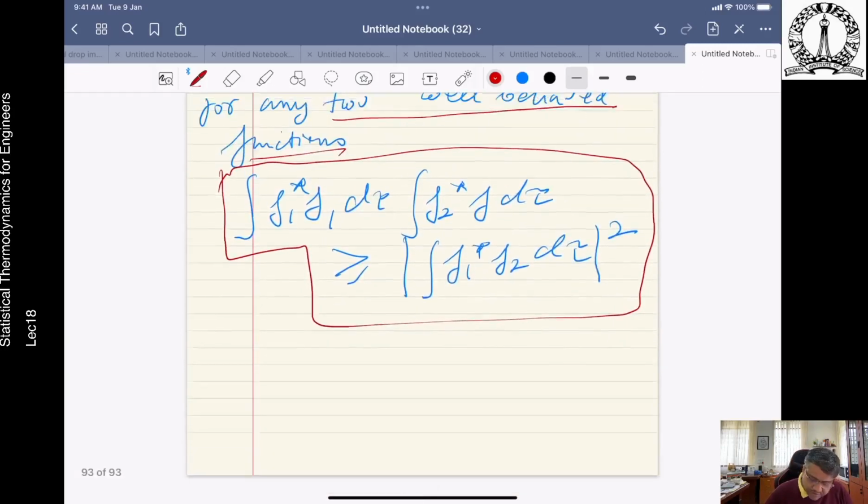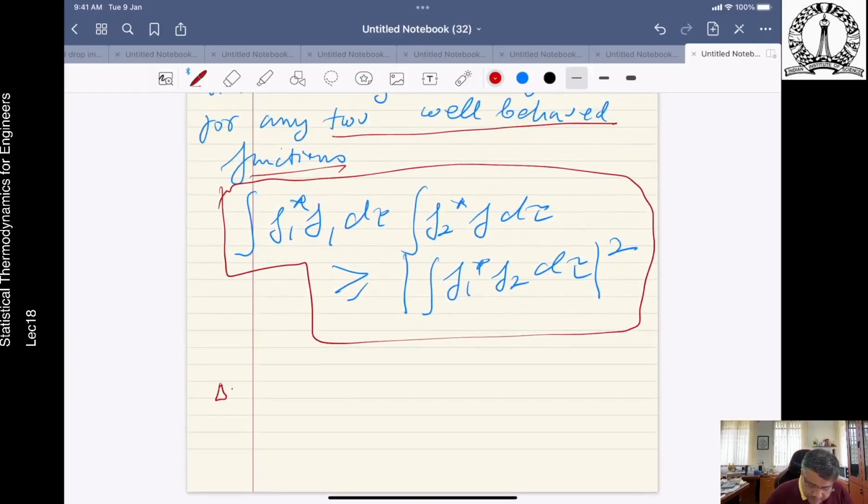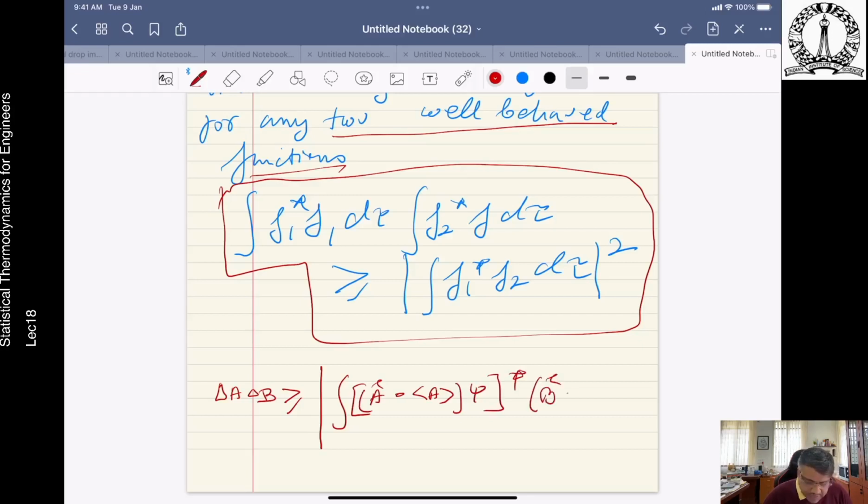So therefore, delta A into delta B must be greater than or equal to the mod of the bracket, then this becomes star into B hat. This does not require the star.